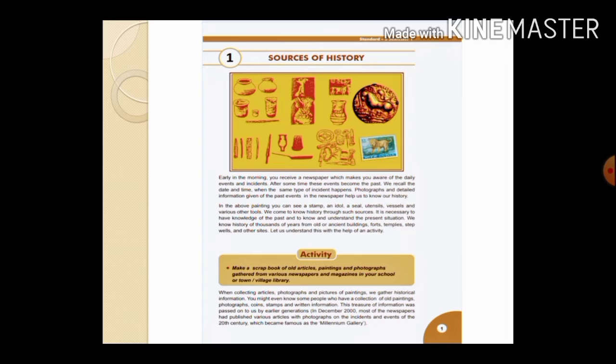So based on this, we can say that this is the treasure of information passed on to us by earlier generations. In December 2000, most newspapers published various articles with photographs on the incidents and events of the 20th century, which became famous as the Millennium Gallery.